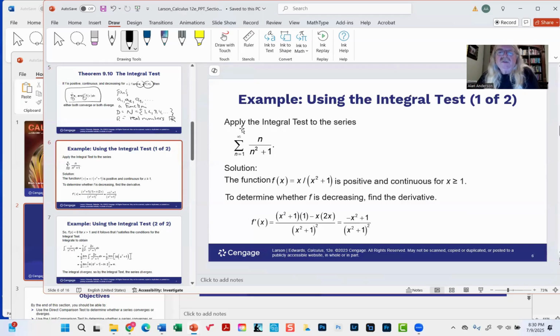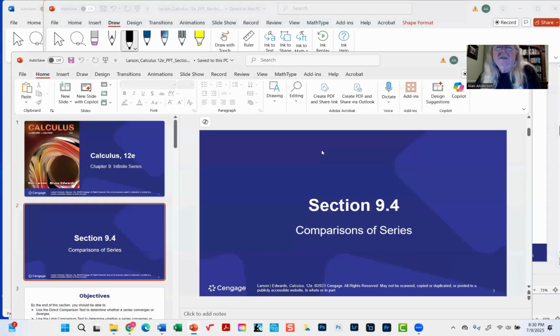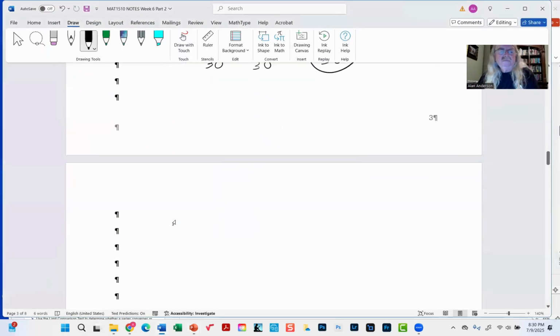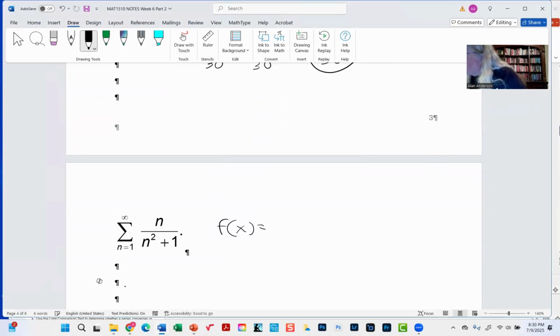So we're going to try this one. We're treating this as f of x equals x over x squared plus 1.